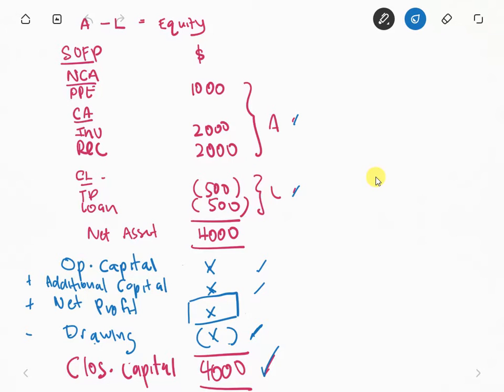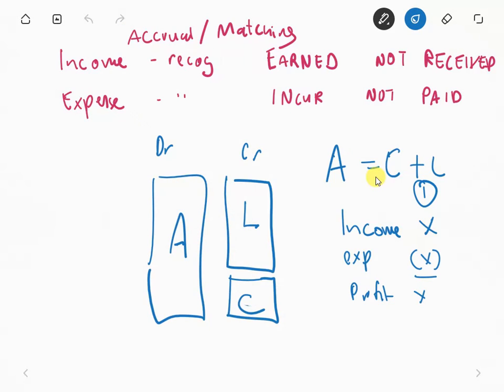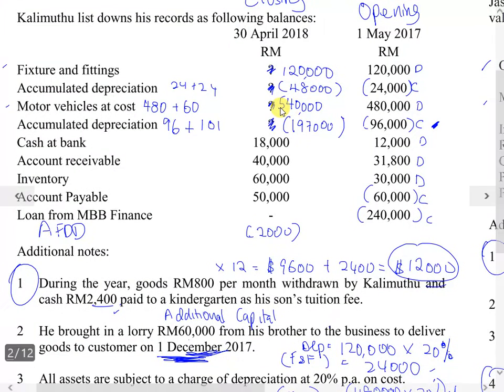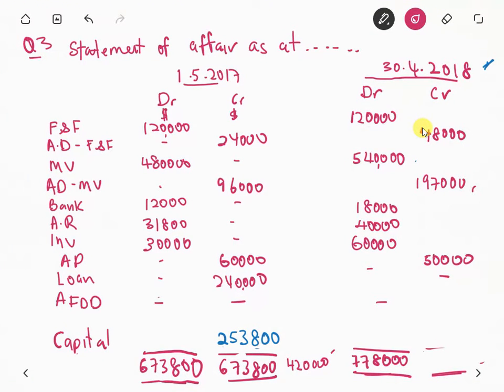Transfer it to here. Here, closing. My fixture and fitting 120. Accumulated how much? 48. 540, 197.